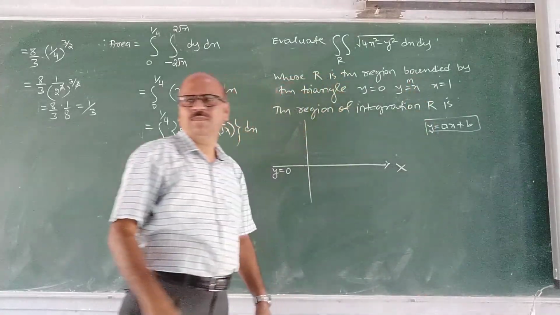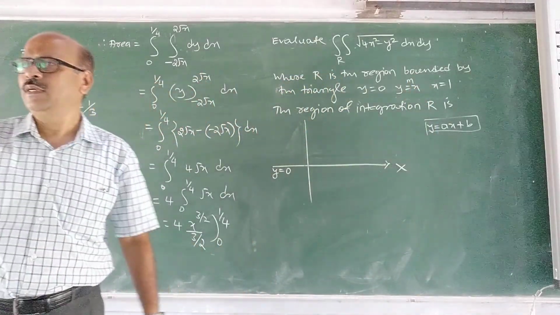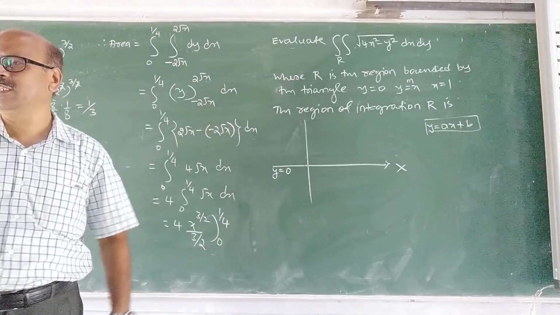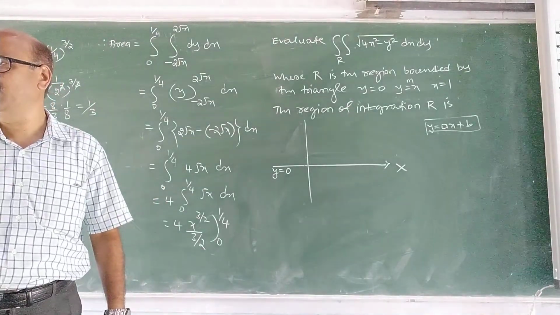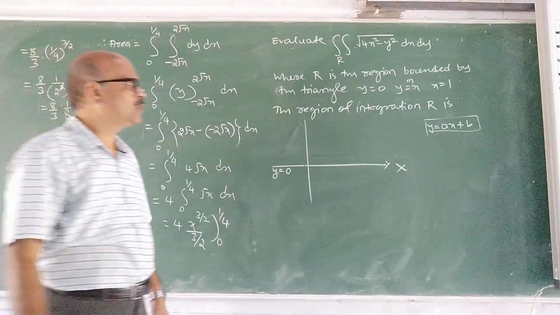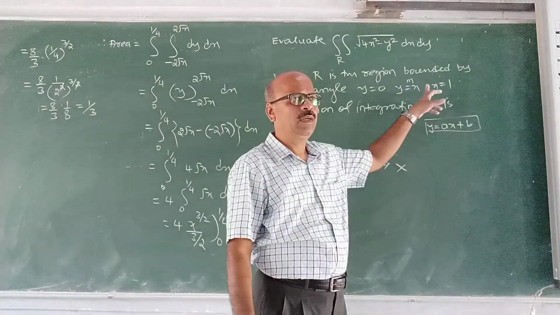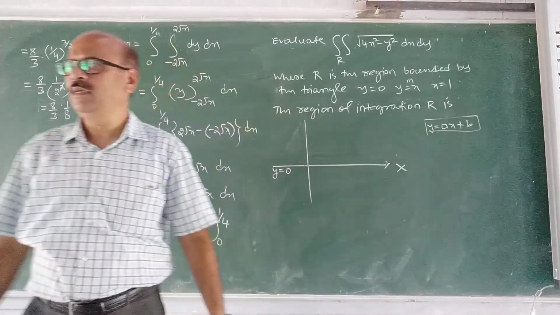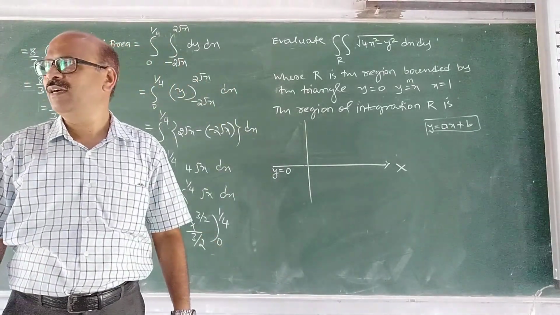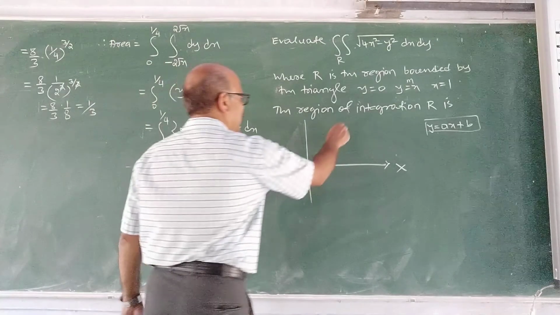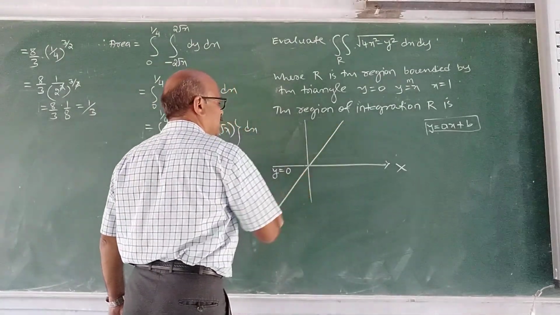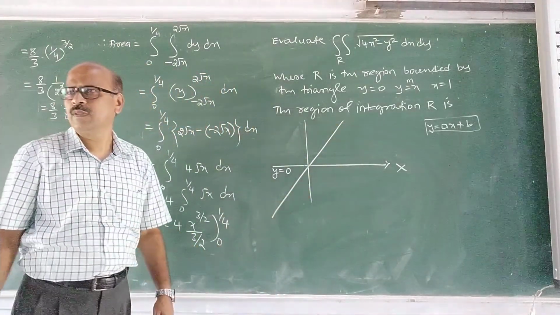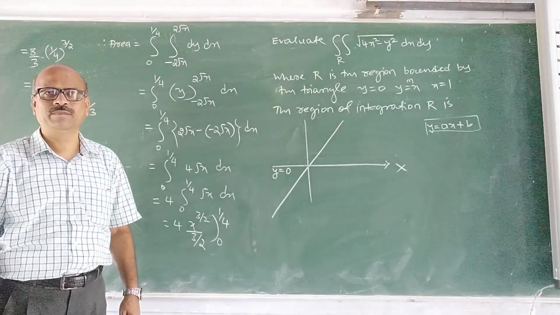What is m? 1. In y is equal to mx plus c, m is the slope. Slope means tan theta. Tan theta is 1 means what is theta? 45 degrees. So the inclination is like this. It passes through the origin. This is the y is equal to x line.